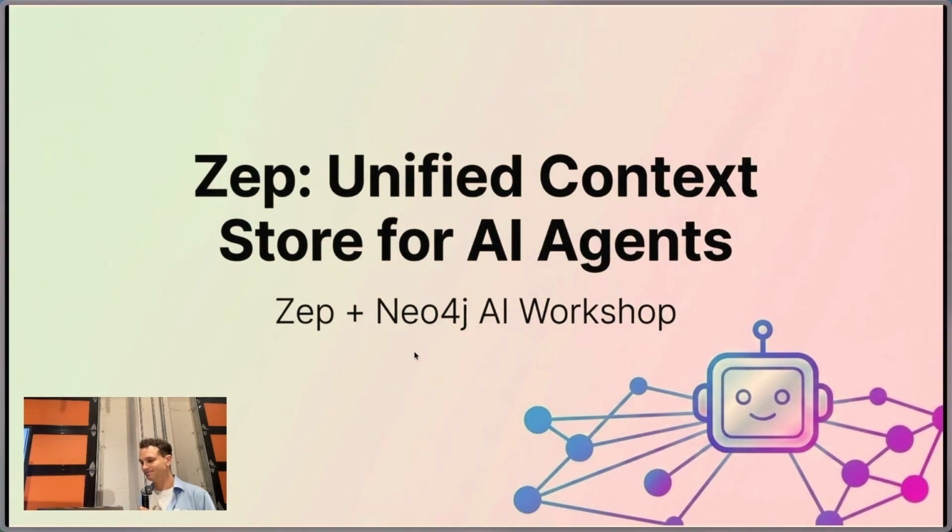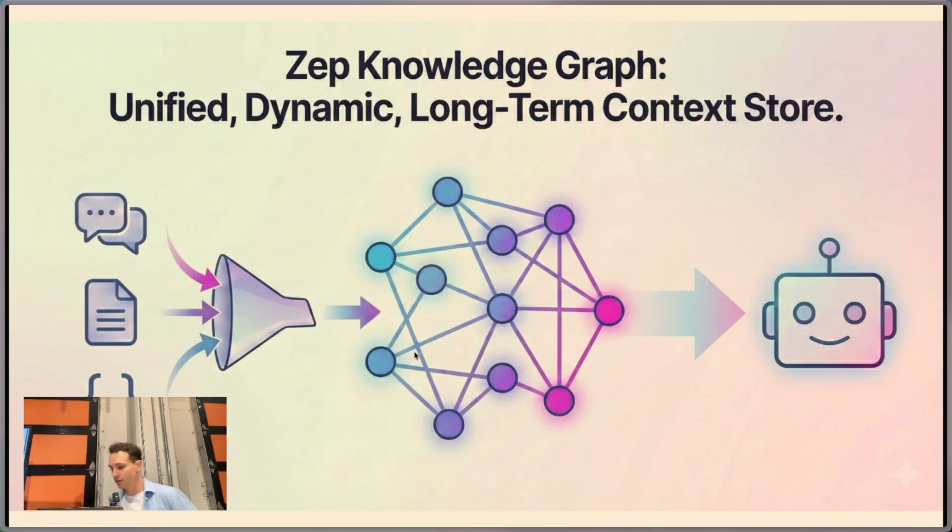Let me just show this. This is how Zep works at a high level. You can ingest any type of text data. That could be chat messages, it could be documents, it could be JSON. It can be any form, structured, unstructured, semi-structured.